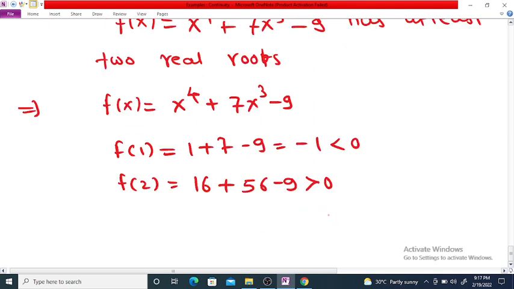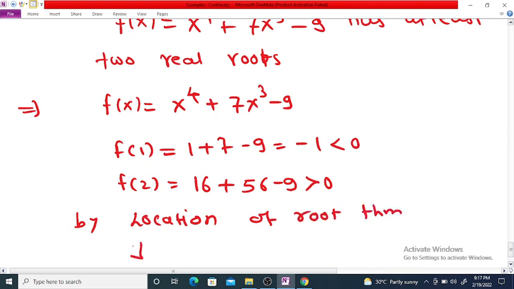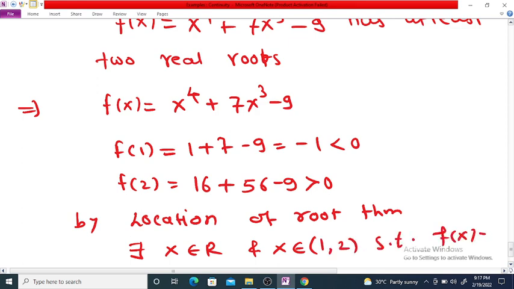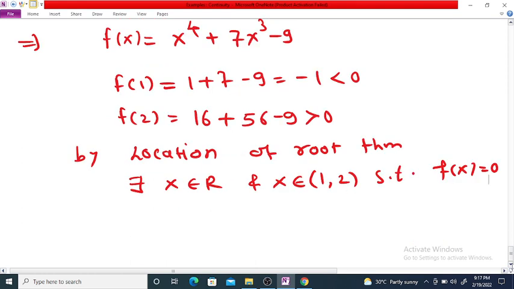And therefore, by using the location of root theorem, there exists a real x belonging to R, with x in the open interval (1, 2), such that f(x) is equal to 0. So there exists one real root.